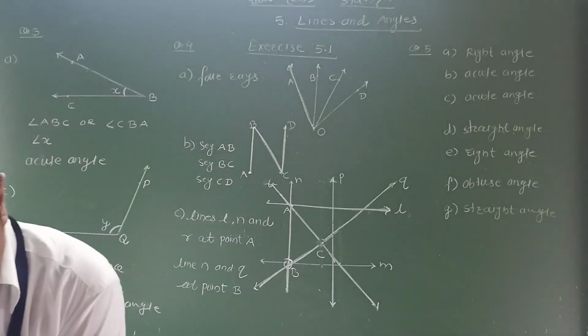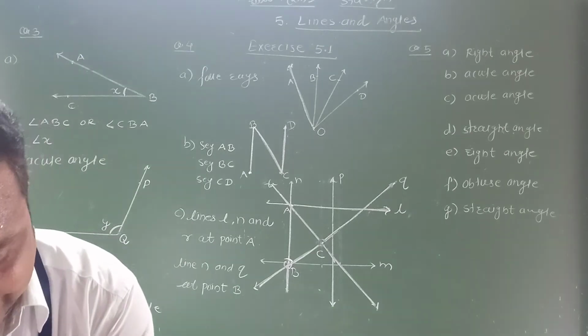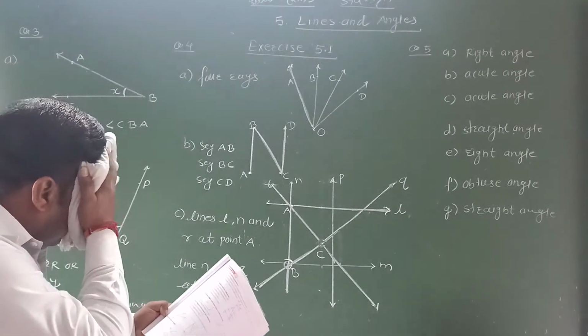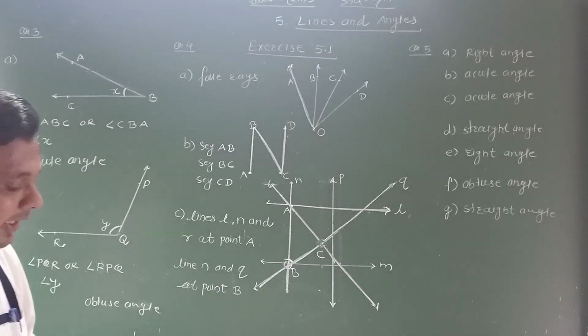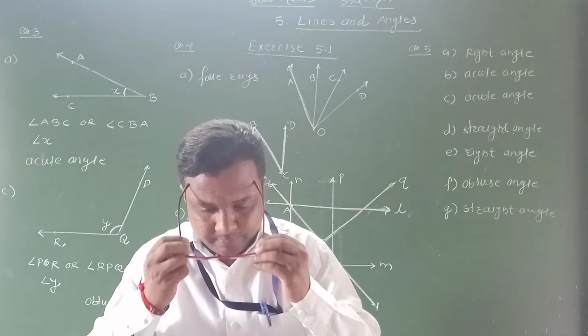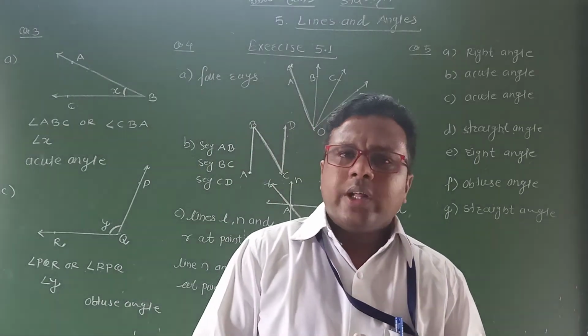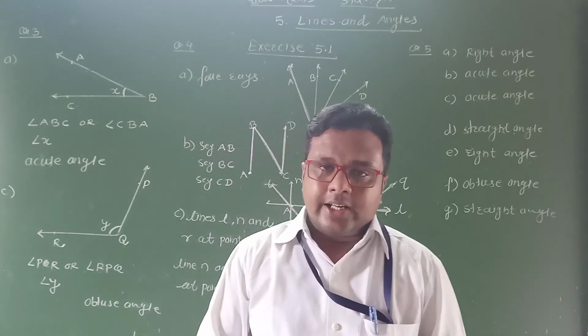Next example, question number 5. Identify the types of angle. Some figures are given there. You have to identify the types of angle. You have the idea about the types of angle. Acute angle, angle less than 90 degrees. 90 degrees is the right angle.